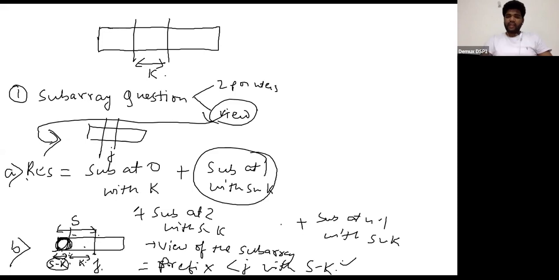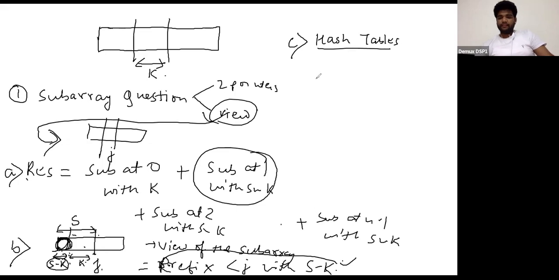And then finally, I will have part C, which is that now I have to search. This searching of prefix arrays, I will optimize through hash tables. When I am iterating or traversing from left to right, I could store all the prefix arrays with sums, because I can take cumulative sums.